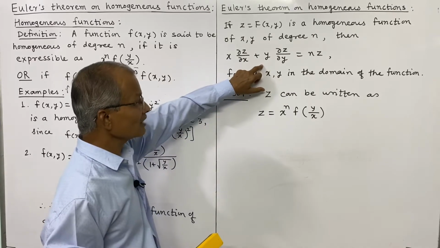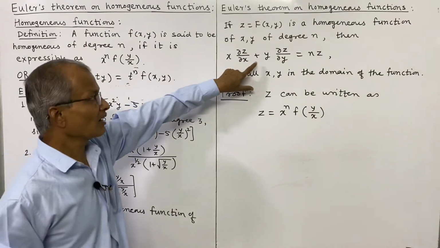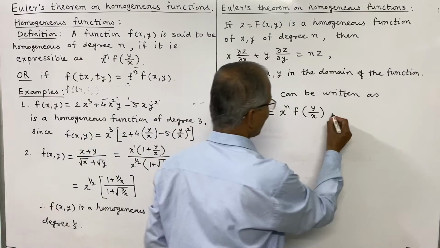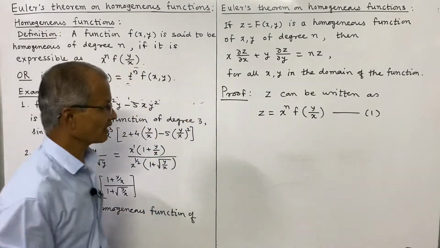To prove this result, we require the partial derivative of z with respect to x and also the partial derivative of z with respect to y. We suppose this as 1, and first we differentiate this partially with respect to x.